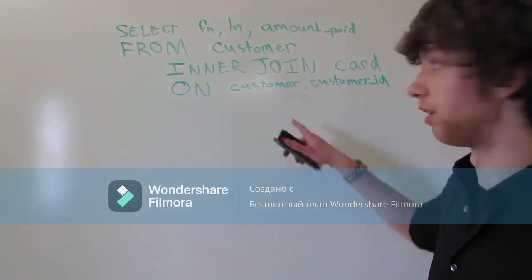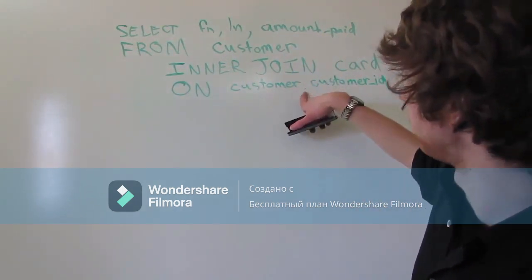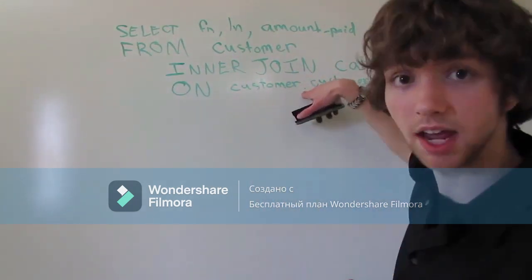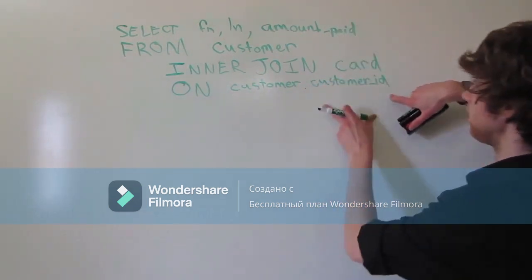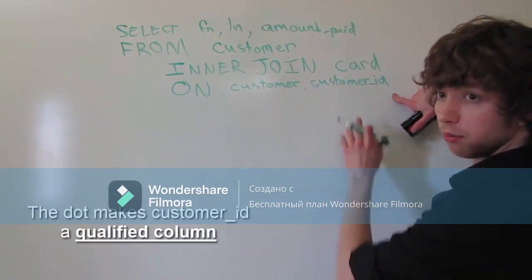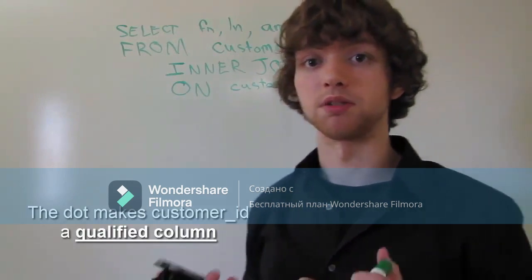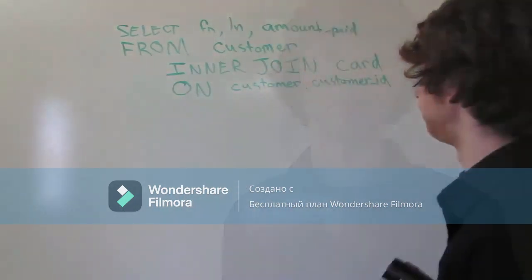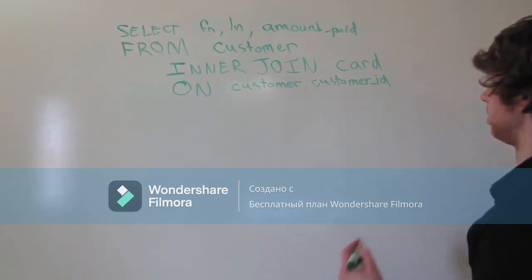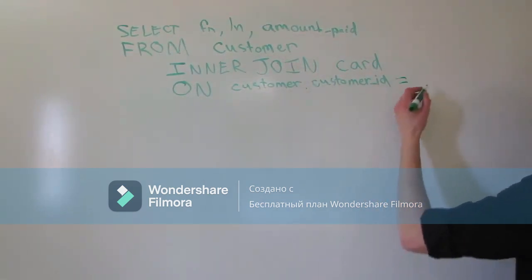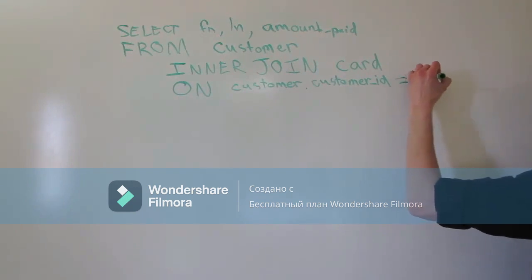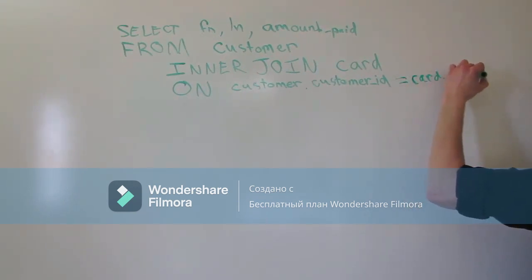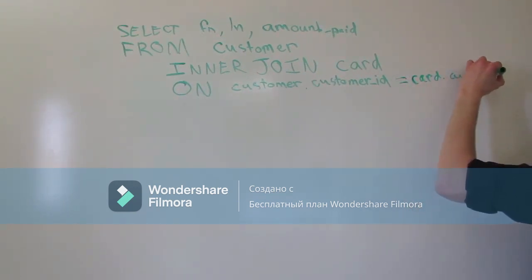What that dot is saying is that the first part is the table, and the second part is the column. The reason we have to do that is because both tables have a customer ID. And then you're just going to connect that to the other table by saying equals card dot customer ID.